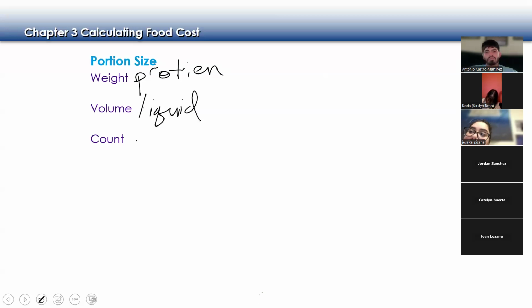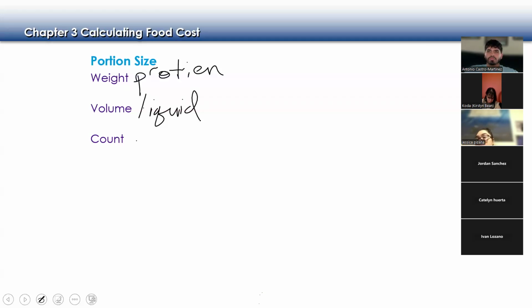So liquids, what are some examples of ingredients that we might sell by volume? Syrup. Okay, yeah. So when we have that recipe for that pancake or that waffle plate, it's going to get 2 ounces of syrup.